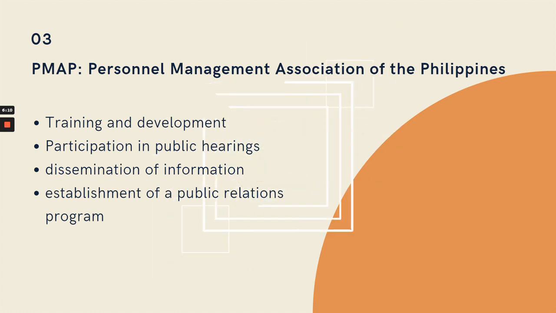Now, in addition, government instrumentalities such as the Department of Labor and Employment, or DOLE, the Employees Compensation Commission, the Social Security System, the Technical Education and Skills Development Authority, or TESDA, and other government agencies usually consult with the association, which is PMAP, before taking a stand on matters affecting employer-employee relations.